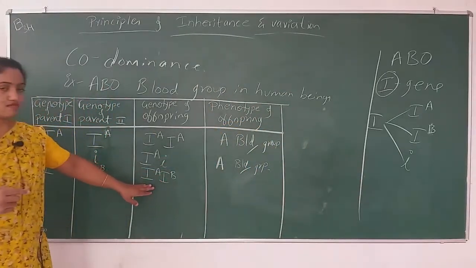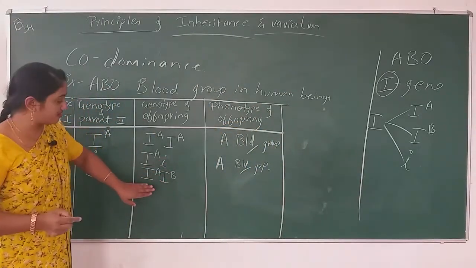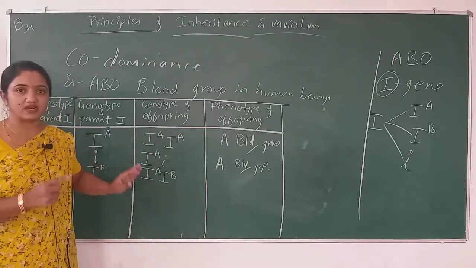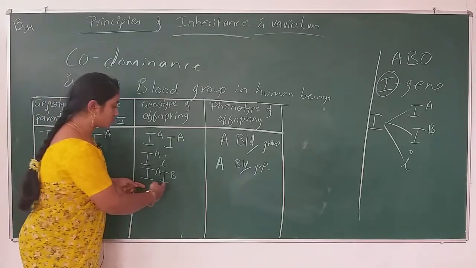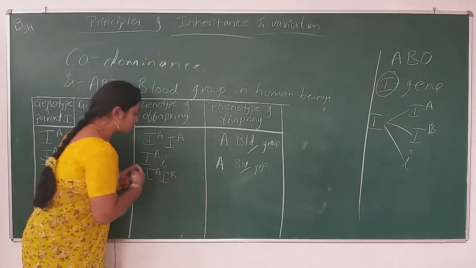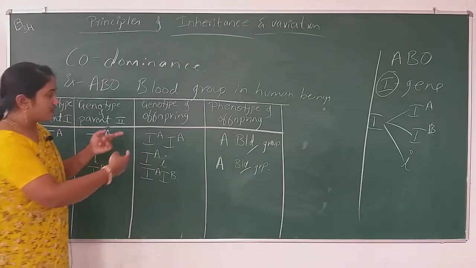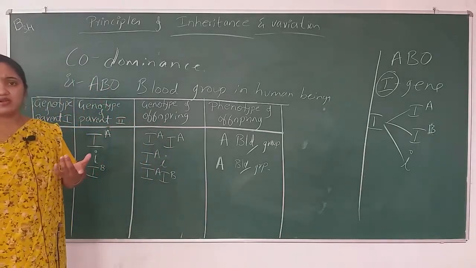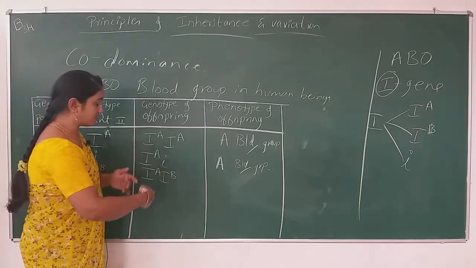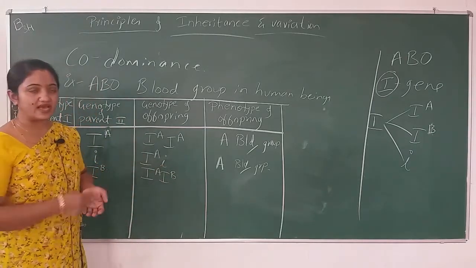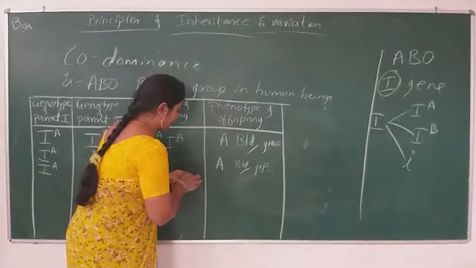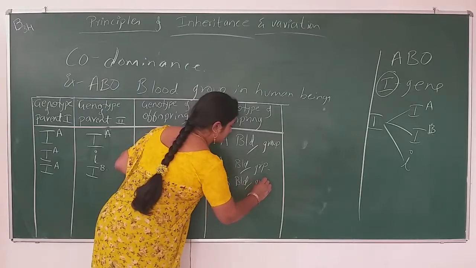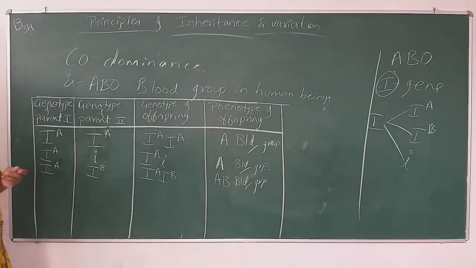Here it has both types of gene. Both are dominant, so when these two different genes are present in a human being, that person will have the AB type of blood group. AB type of blood group.